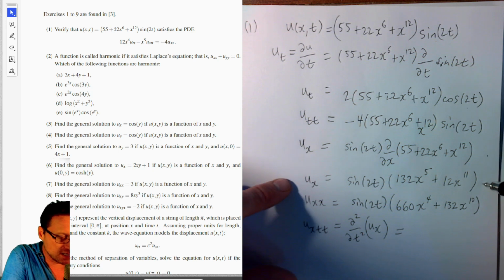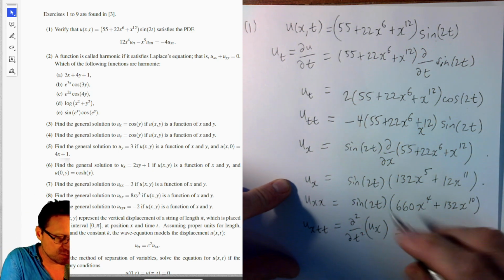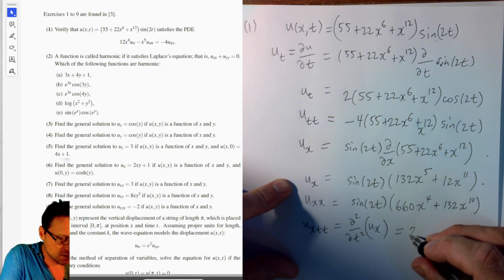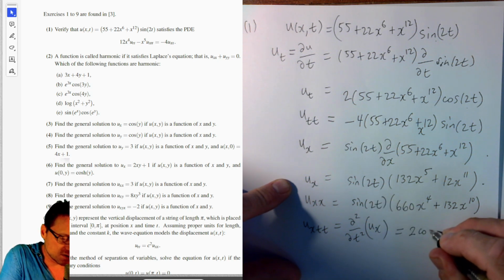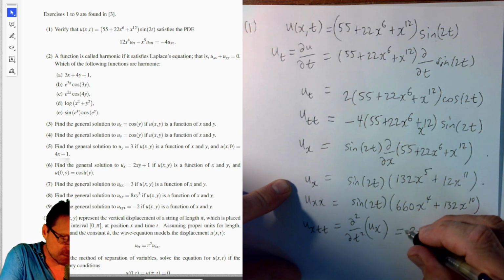And so the derivative of sine is cos, but we use the chain rule and pull out an extra 2. So 2 cos of 2t, 132x to the 5th plus 12x to the 11th is our first derivative of that. So we need to differentiate this again.